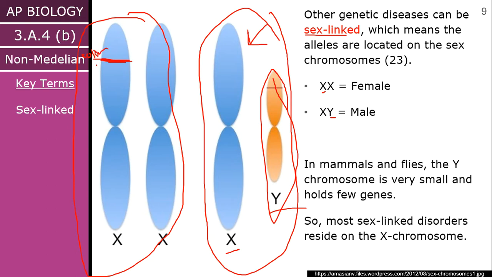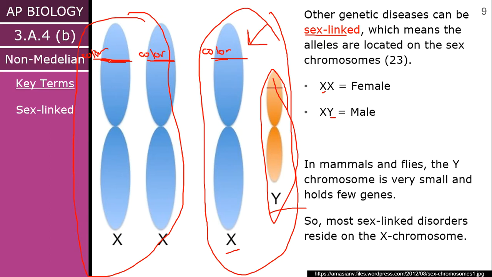That gene codes for proteins that let you see color. And then right here, the same spot has a color gene, and right here, the same spot has a color gene. But the Y chromosome doesn't have that spot. It does not have the same gene, so there's no color gene on that Y chromosome.